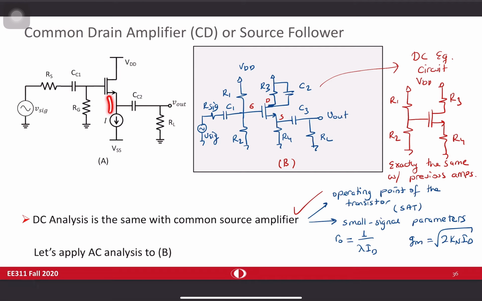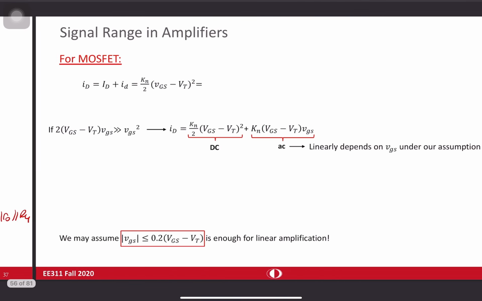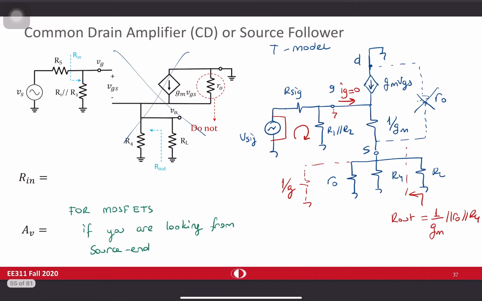So when you are looking from here, from the source, the resistance that you see is always 1 over Gm. You see 1 over Gm resistance.